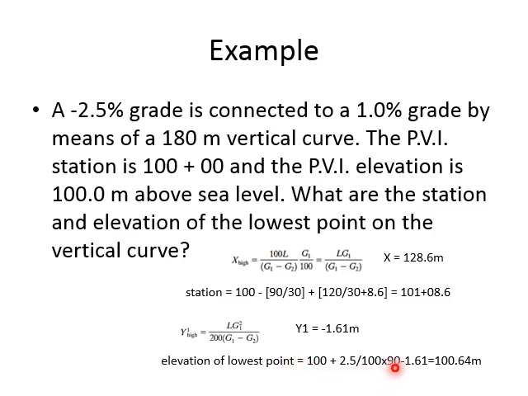So 100 plus this will give you the elevation of BVC, because G1 into distance, right? G1 into distance 90. Then from BVC I know my required point is 1.61 meters down with the minus, so I subtracted 1.61 meters from it. So the elevation of the lowest point is 100.64 meters.